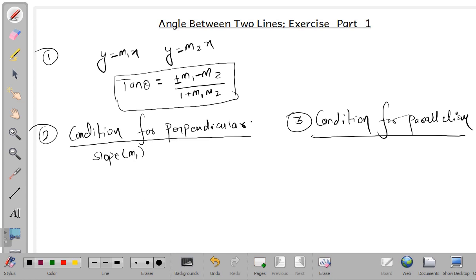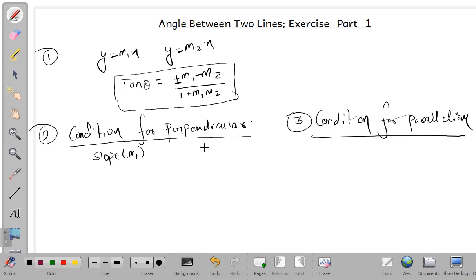Sometimes the equation will be given to you, sometimes points, sometimes the angle between the lines. So it depends how to calculate the slope. I will not say just the equation, because there might be different scenarios for different questions. If the angle is given, then the process for finding the slope is different.